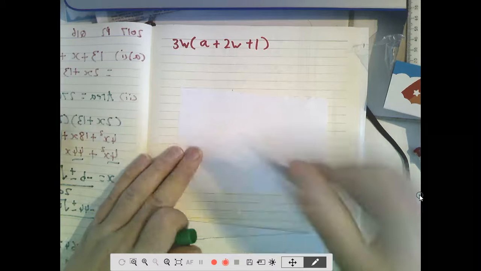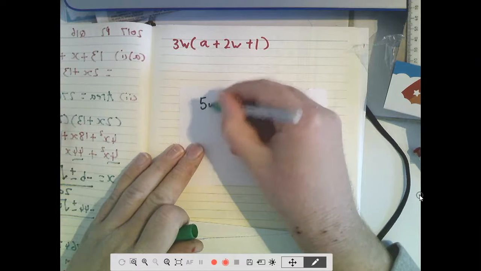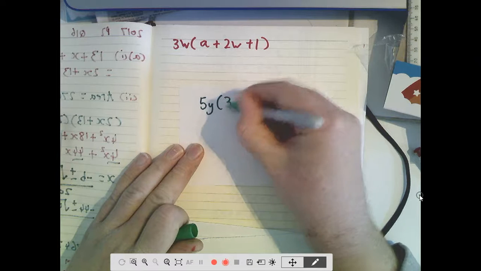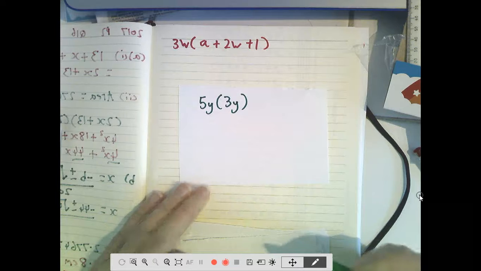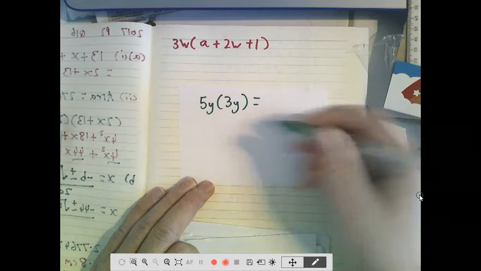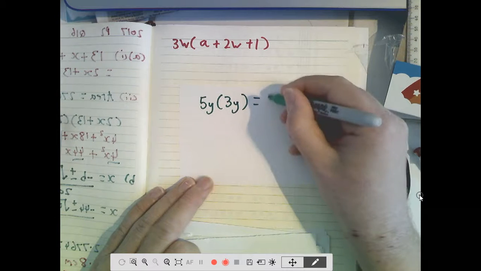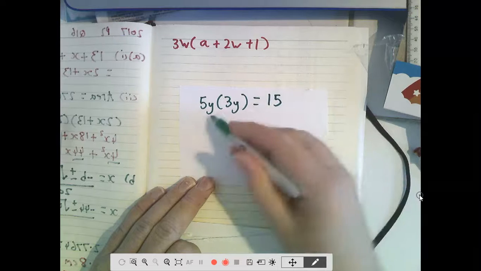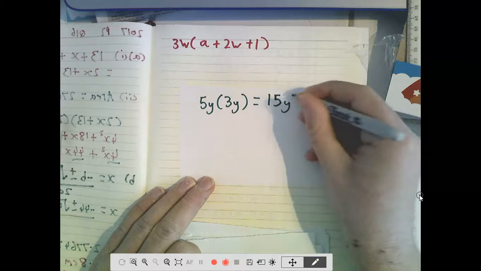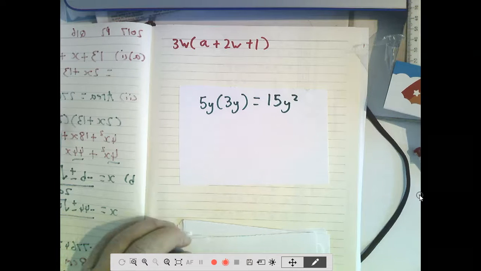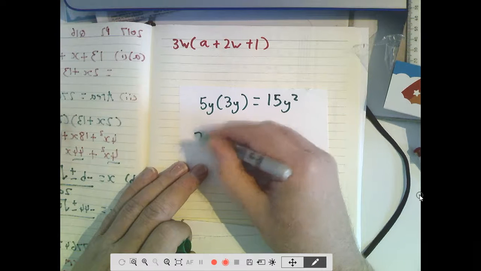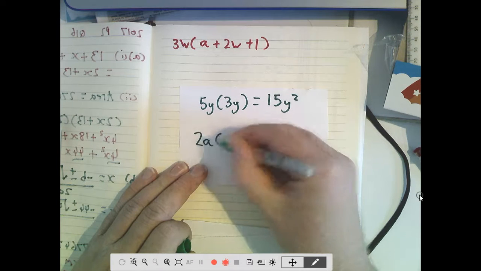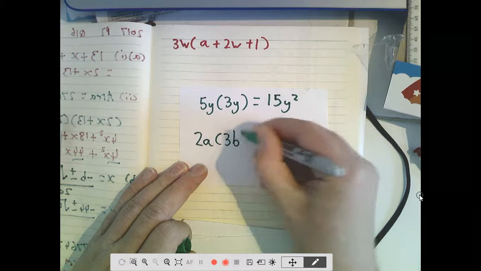Okay, so if we do another one, let's do 5y by 3y. Okay, so let's think, 5 times 3 is 15. Y times y is y squared, 15y squared. Have a look at a different example. Let's do 2a times 3b.